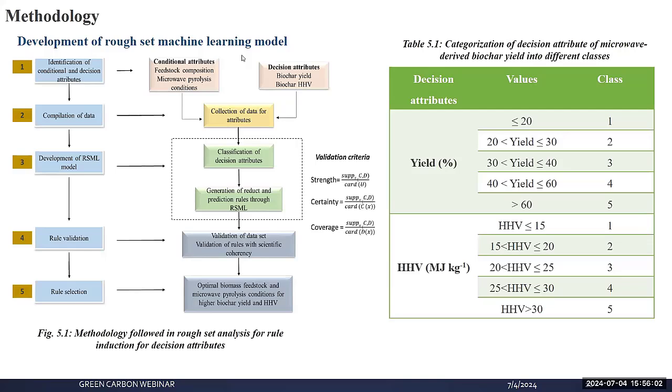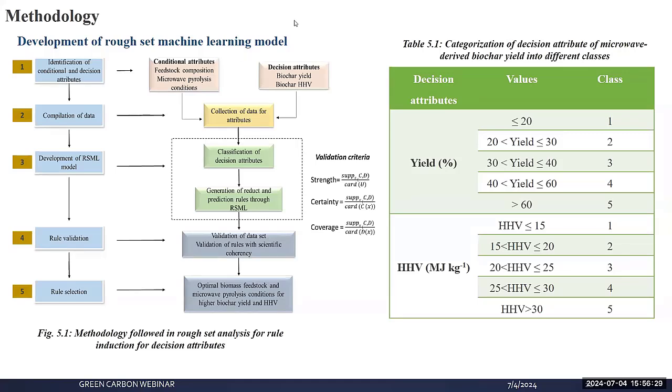After this, we will classify the decision attributes into different classes, and this classified database will be processed in the Rosetta software, which is the software for doing the rough set concept. With that software we will generate a set of rules which will give us the optimal conditions for obtaining the biochar with better yield and HHV.